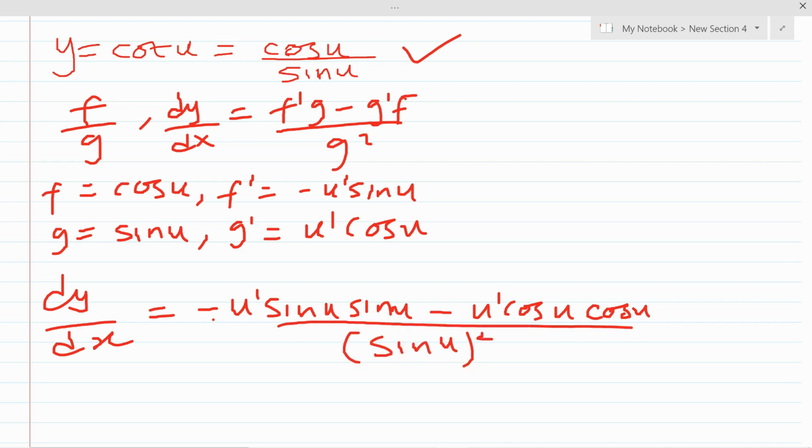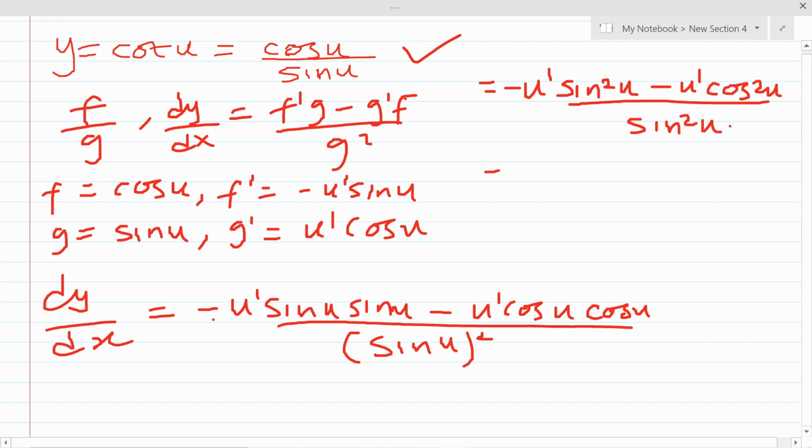all over sine u all squared. Now this will give us, u prime sine squared u, minus u prime cos squared u, all over sine squared u.